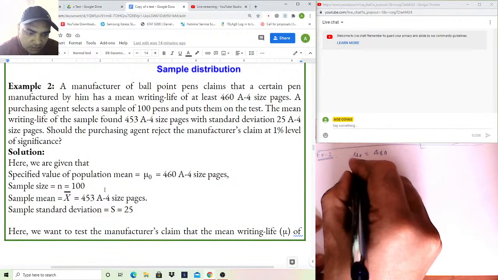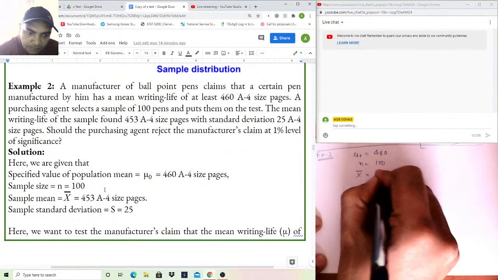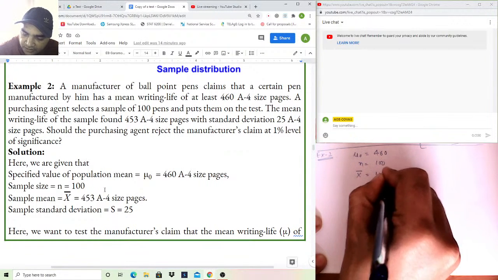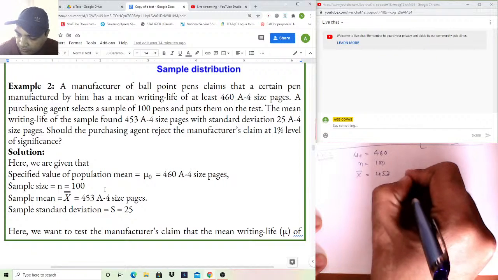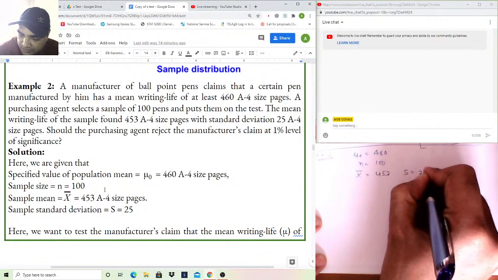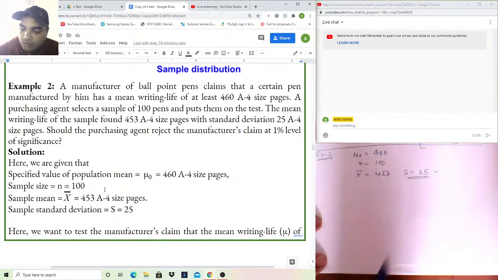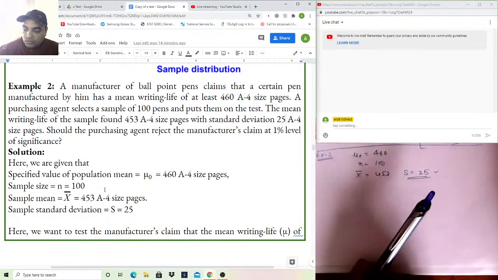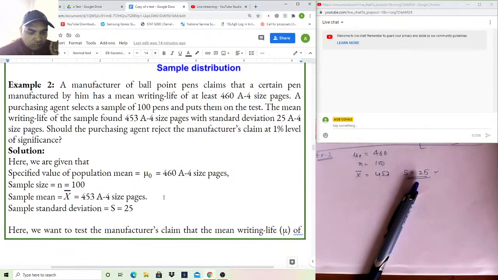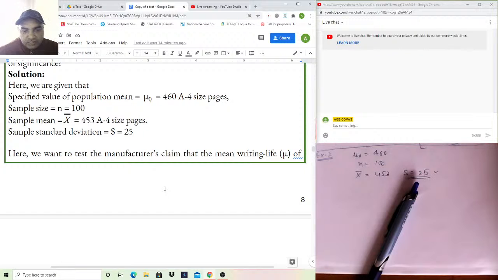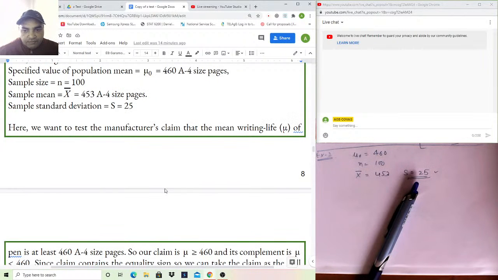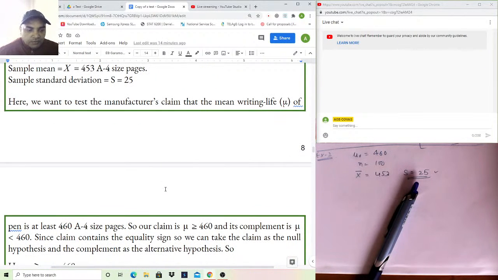Your sample mean is 453, and your S, the standard deviation, is 25. Now we want to test the manufacturer's claim that the mean writing life of the pen is at least 460.